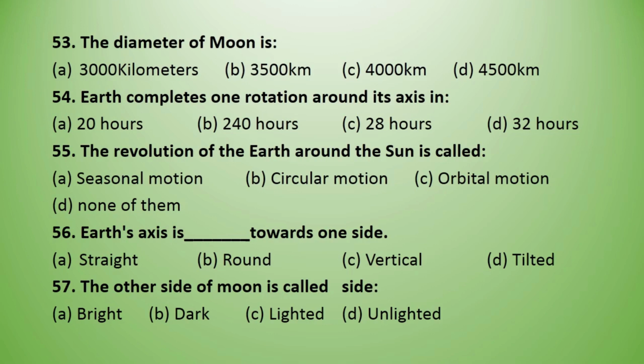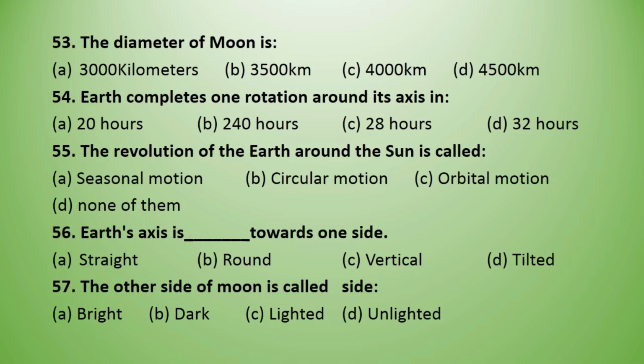54. Earth completes one rotation around its axis in A. 20 hours. B. 240 hours. C. 28 hours. D. 32 hours. Answer is B. 240 hours. 55. The revolution of the Earth around the Sun is called A. Seasonal motion. B. Circular motion. C. Orbital motion. D. None of them.